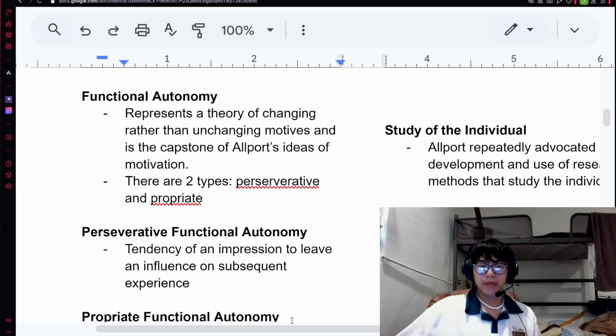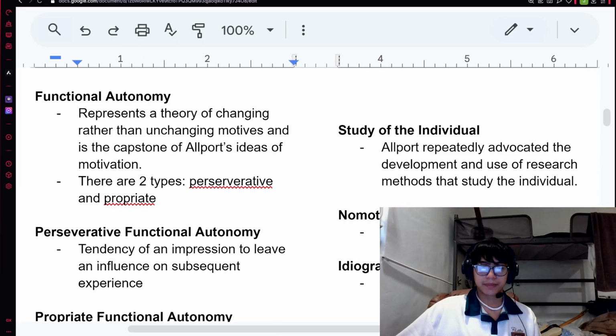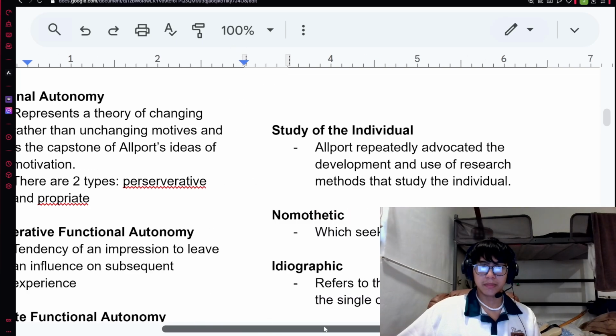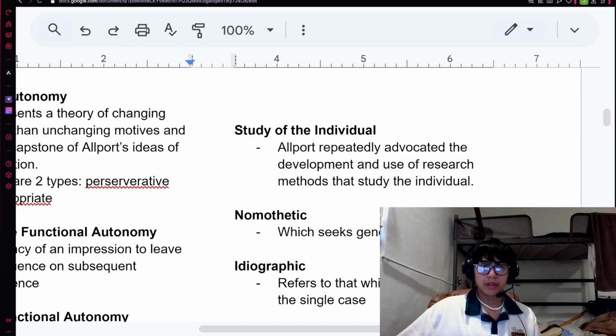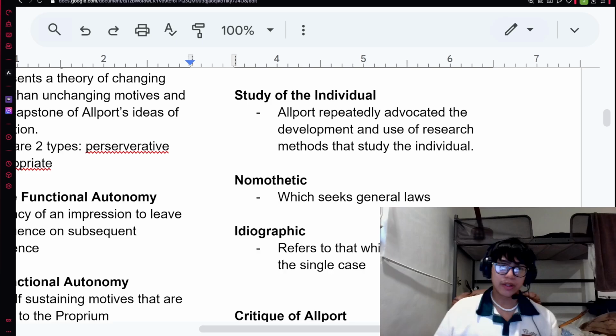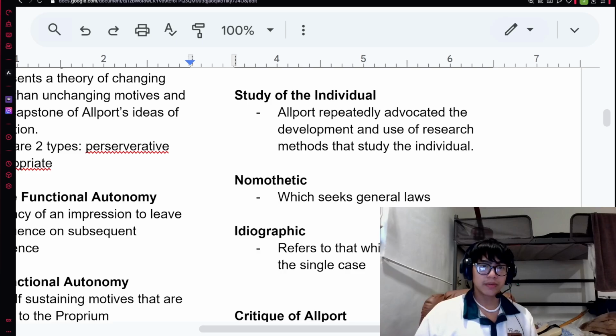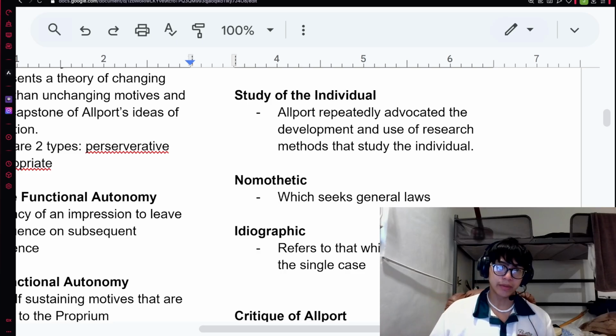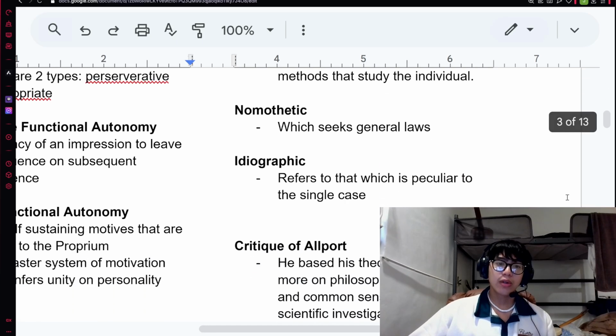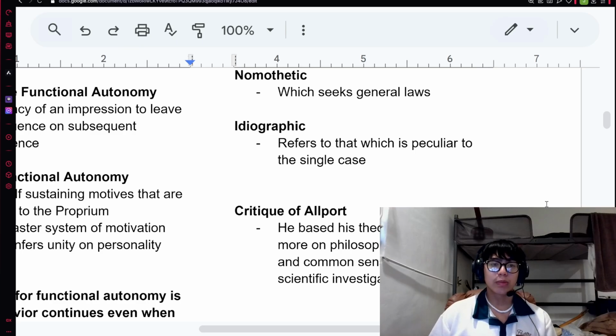Okay, so study of the individual, which is basically the theory, right? So Allport repeatedly advocated the development and use of research methods that study the individual. So, morphogenic, right? The nomothetic, we can see here, seeks general laws, and idiographic refers to that which is peculiar to a single case.